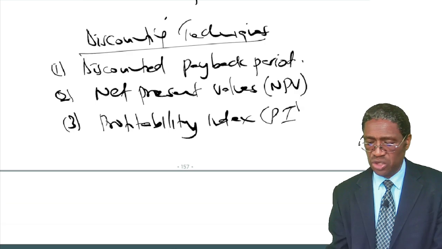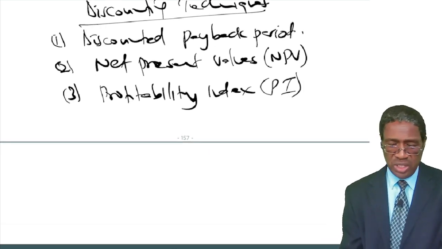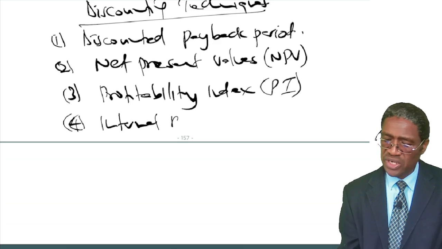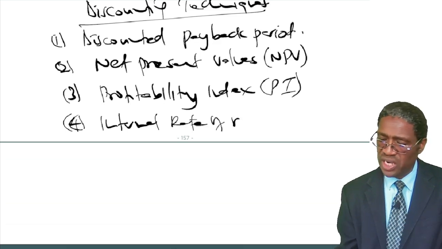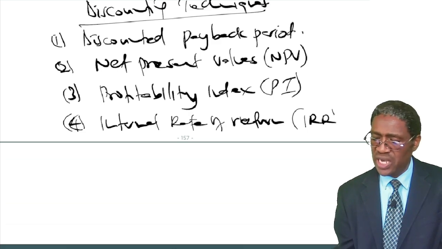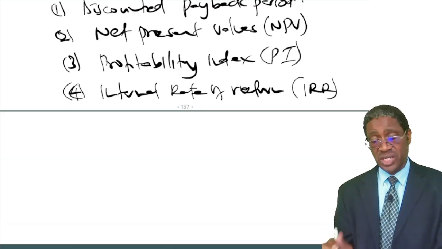This, in short, we normally call it PI. The other method you can use, number 4, is what we call internal rate of return. In short, we normally call it IRR. That is another method you can use under this category.